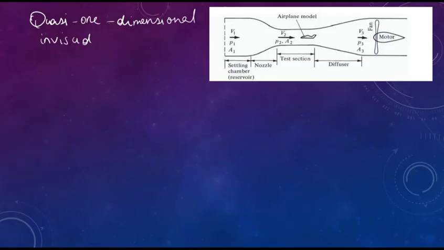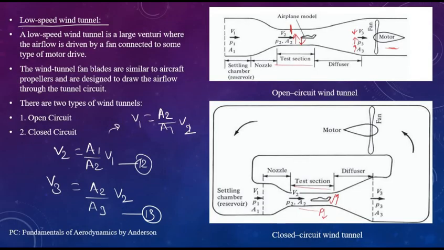For example, if I say A3 is equal to A1, that is, inlet area of the tunnel is equal to exit area of the tunnel, then V3 is equal to V1. This we get from equation 12 and 13, correct?